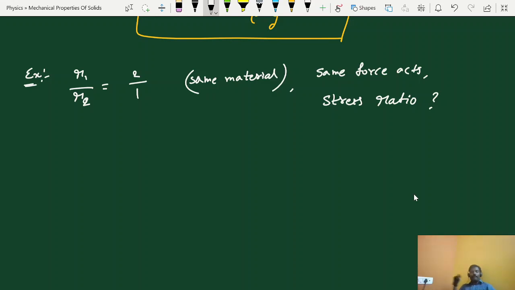So they may say the ratio of radii of two wires of the same material is 2:1, and when they experience the same force, they may ask you to calculate the ratio of stress.